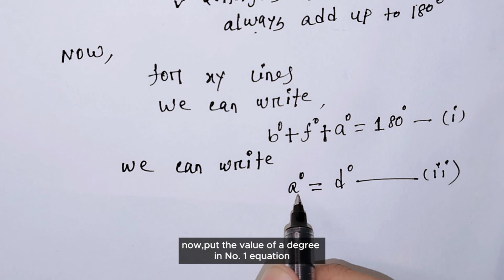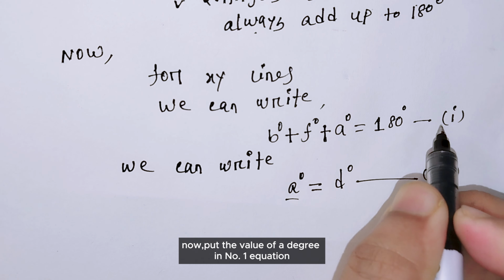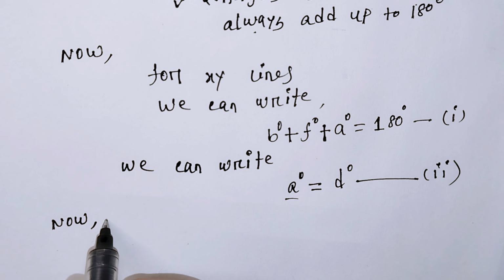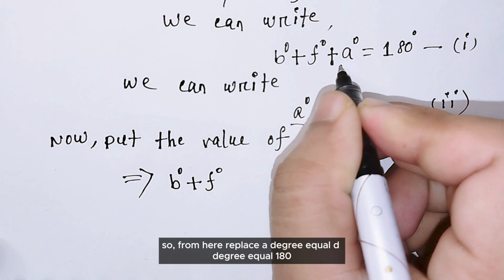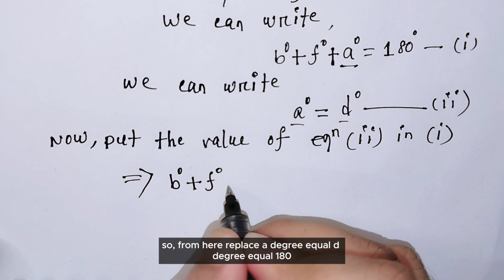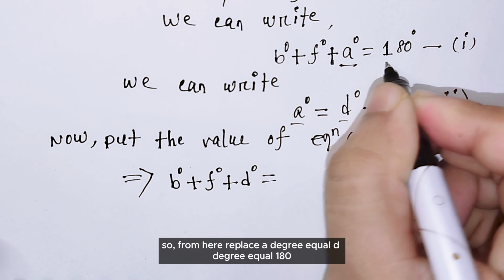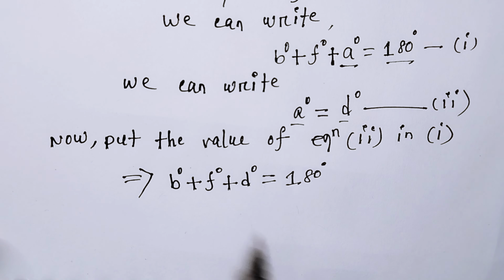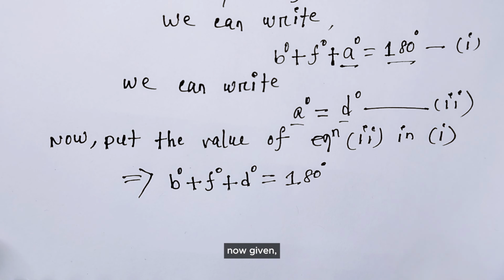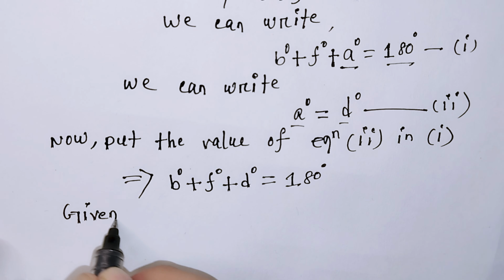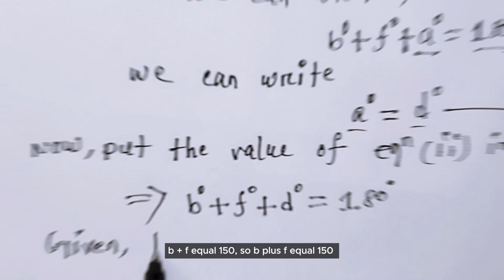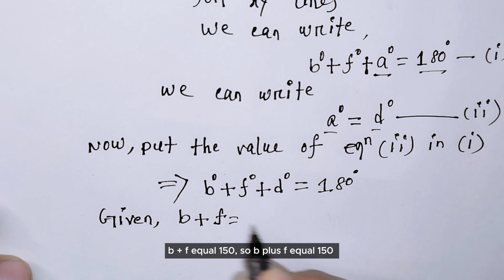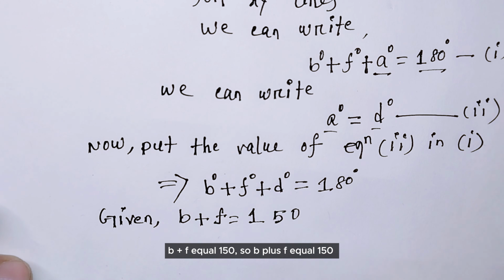Now put the value of a degree in number one equation. So from here, replace a degree equal d degree, equal 180. Now given b plus f equal 150.